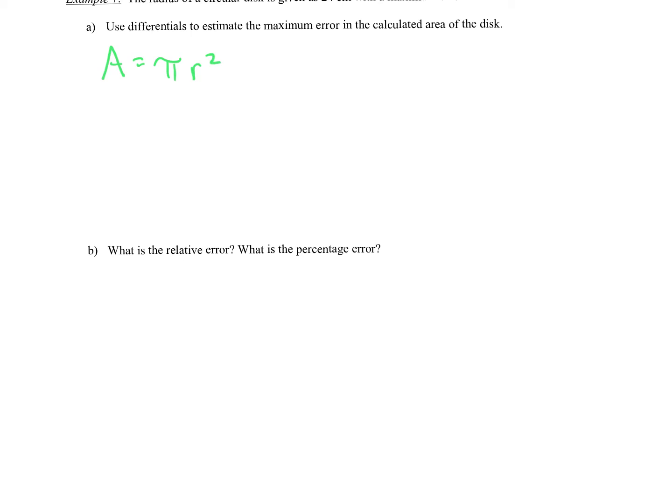Okay, so we have a circular disc and a maximum error. All right, so we need to take the derivative. And again, this is new. We're good at that. But we're talking about the radius here, the maximum error in a measurement of the radius. So in this case, when we do our implicit differentiation, we have to take the derivative with respect to r.